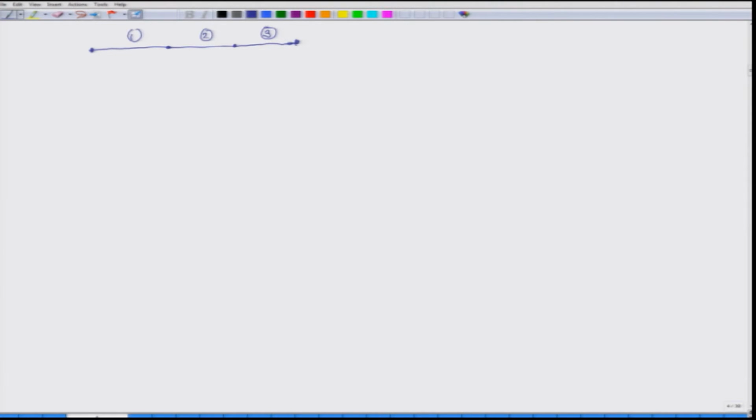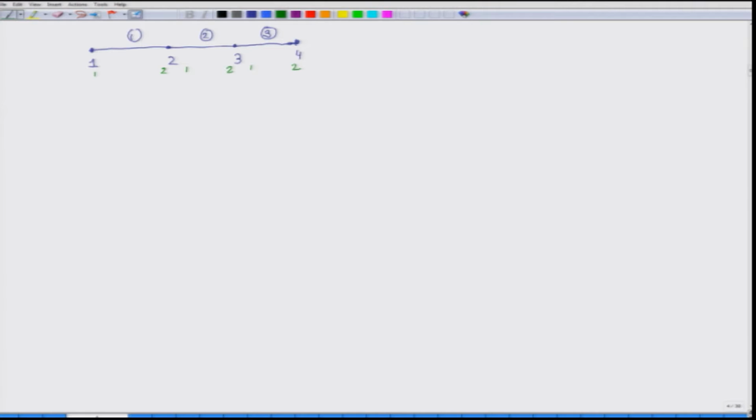So the global node numbers are node 1, node 2, node 3 and node 4. The local node numbers are 1 and 2 for the first element, then 1 and 2 for the second element, and 1 and 2 for the third element.